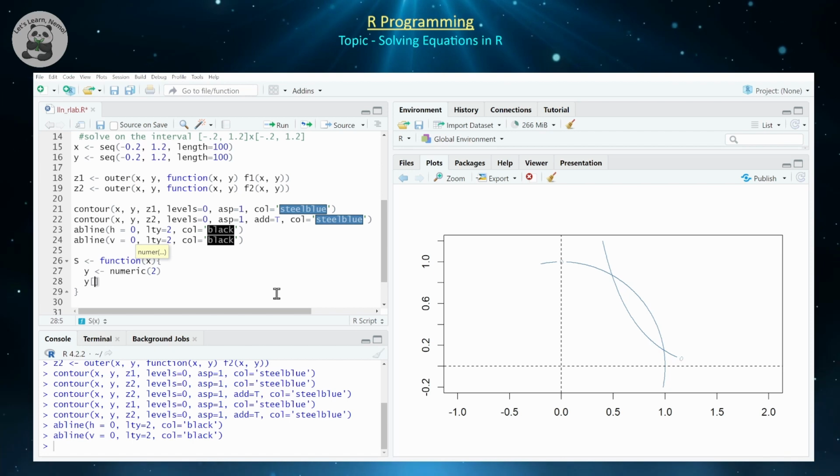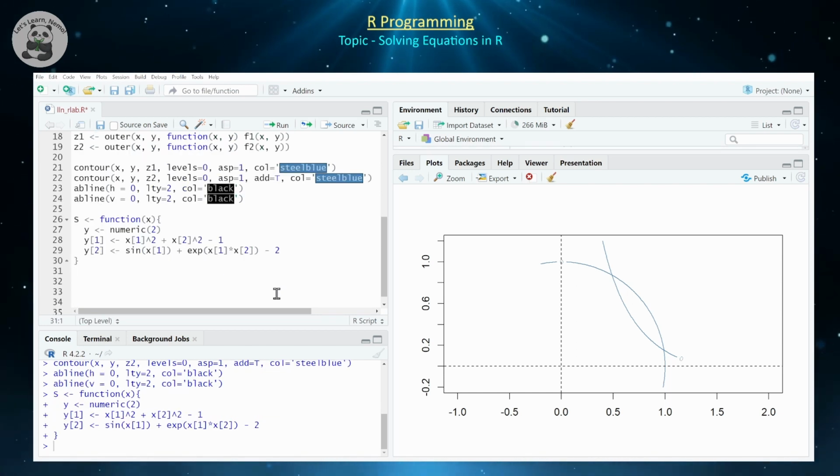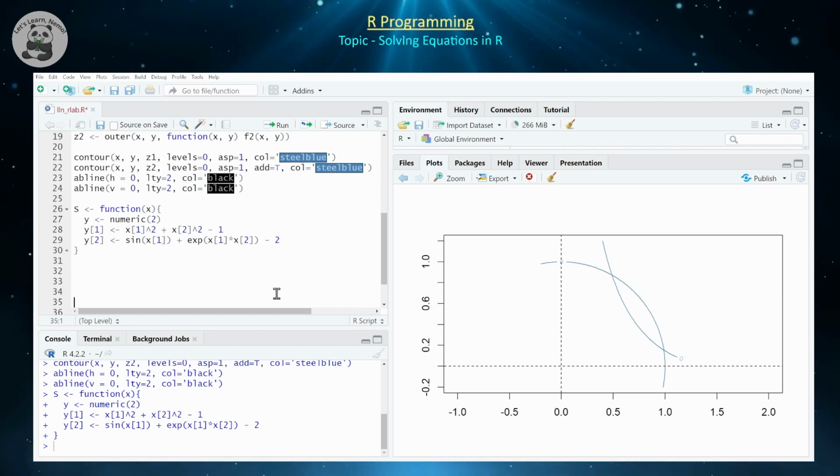Our first variable, y1, is going to be equal to x1 squared plus x2 squared, which is y squared in this case, minus 1. And then y2 is going to be equal to sine of x plus e to the x times y minus 2. Right? So that is going to be our implicit function that our function is going to need.